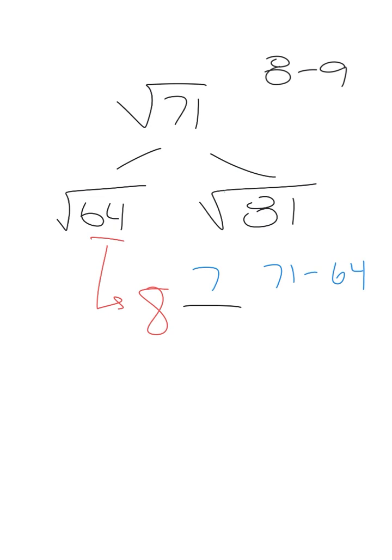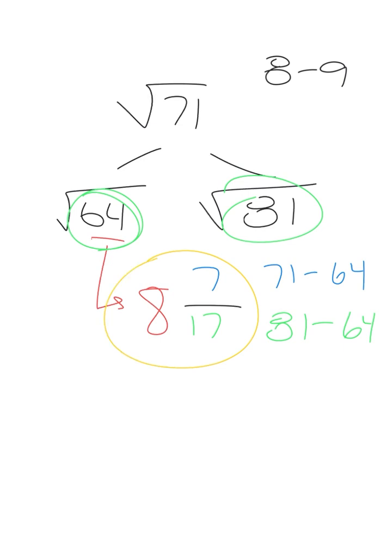We're taking this number, 81, and we're always subtracting the perfect square of that number, 8. So now we have 81 minus 64, which is 17. And the square root of 71 will be 8 and 7/17.